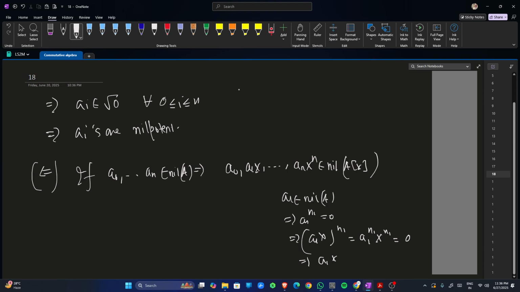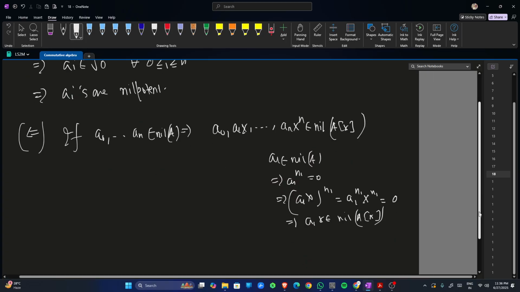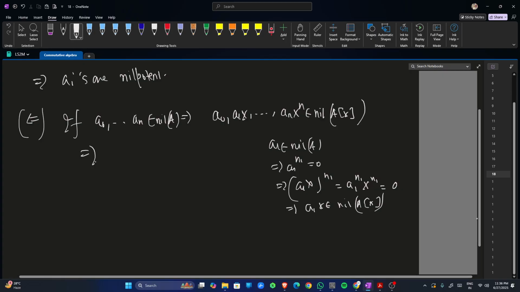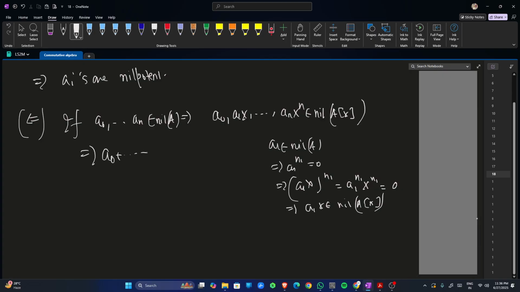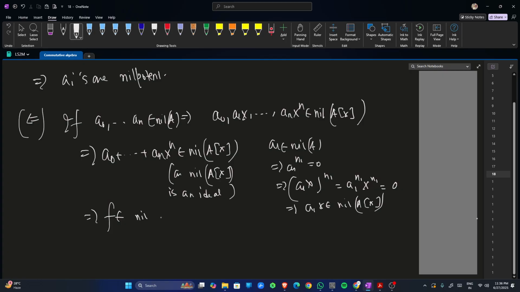So a1x belongs to nil A[x]. Like that, all of them belong to the nil radical. This implies a0 + ... + anxn belongs to nil A[x], as nil A[x] is an ideal, that implies f belongs to nil A[x], and we are done.